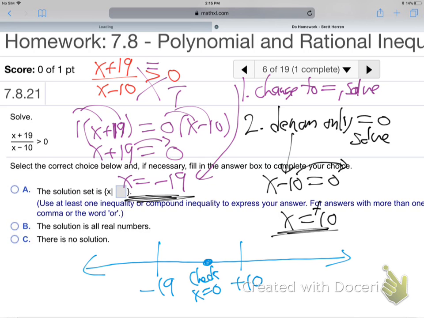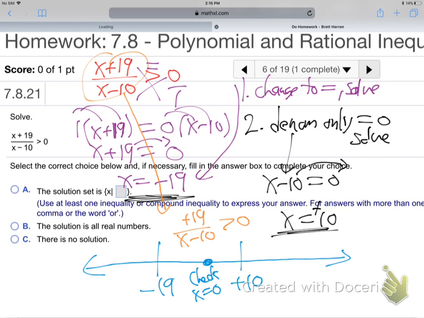So where do we always check? The original. So always the first step, huh? So grab that first step right here. Bring it on down. And say, okay, x plus 19 over x minus 10 greater than 0.